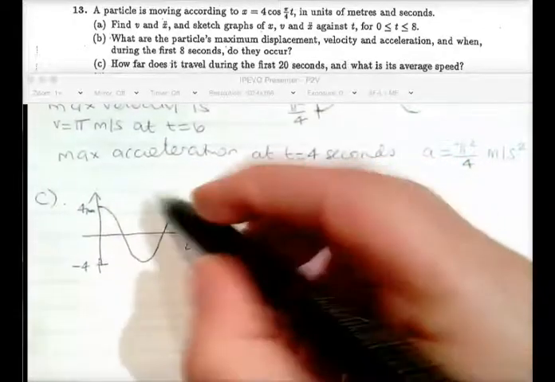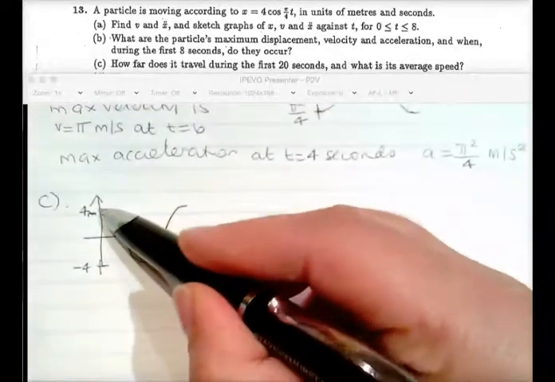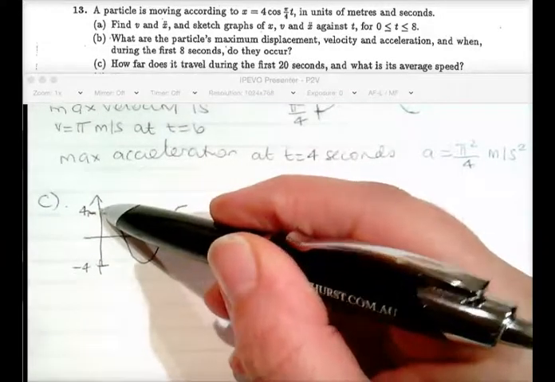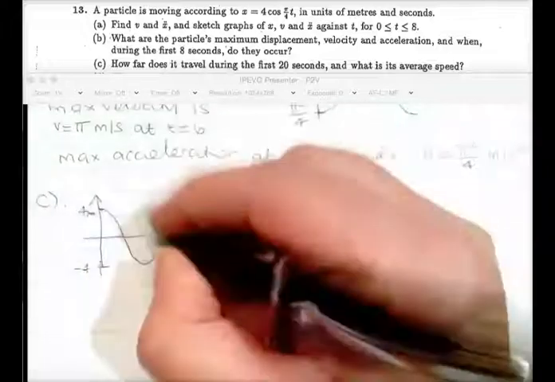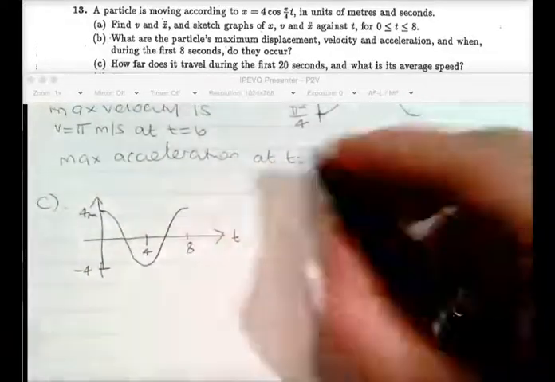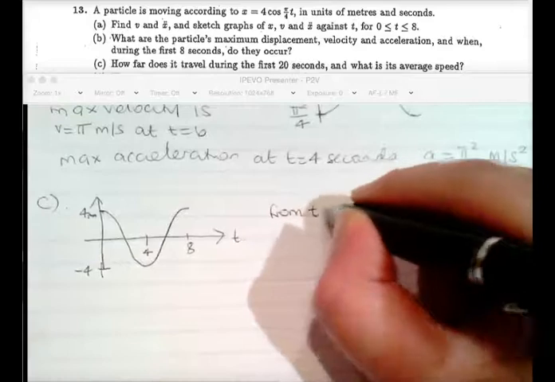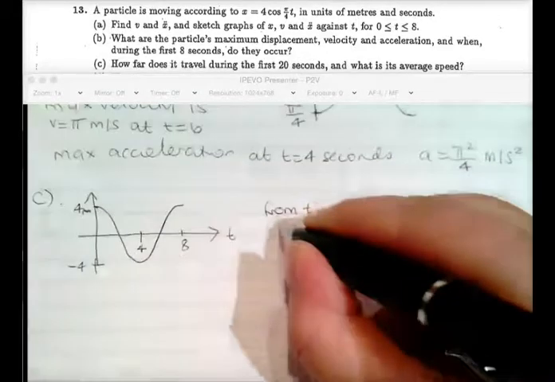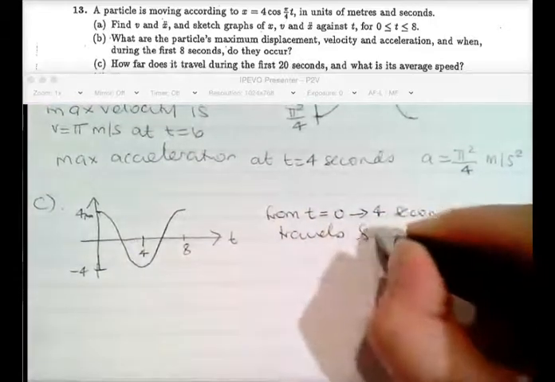So initially the particle is 4 meters to the right of the origin, then it ends up 4 meters to the left of the origin after 4 seconds. So from t equals 0 through to 4 seconds, it travels 8 meters.